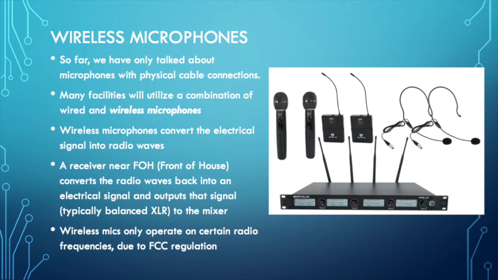So there's designated frequency bands that they operate on, and those frequencies are regulated by the FCC, and that's to ensure that your microphone system isn't operating on the local radio stations' airwaves, or the local airport isn't picking it up, things like that.